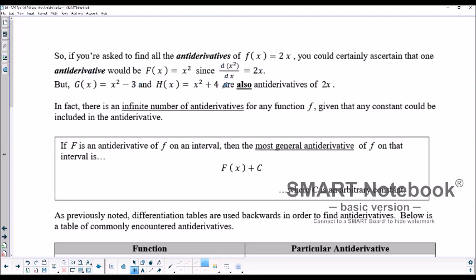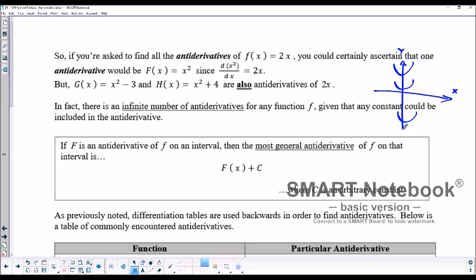So there's an infinite number of antiderivatives of any function because, well, this is a vertical translation, right? So the function could be like this, it could be up here, it could be down here. Sorry for the crude drawing there.